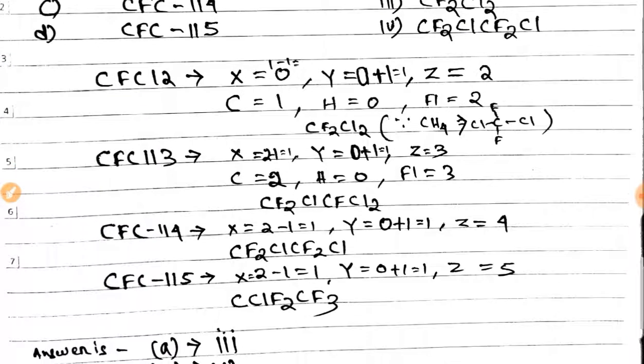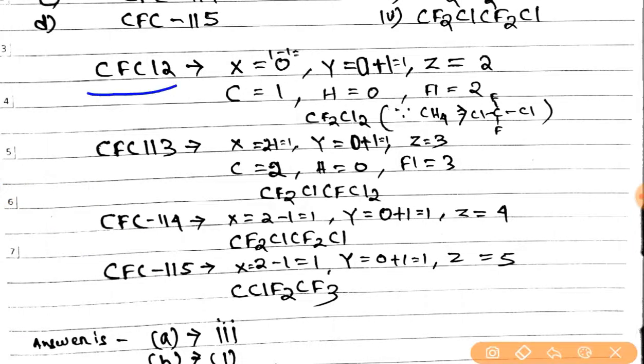First we will see CFC 12, which we have already discussed. There is a 0 here, and we don't need to write it. First, what is the value of X here? X is 1 minus 1, that's why it is 0, so the number of carbon atoms is 1.